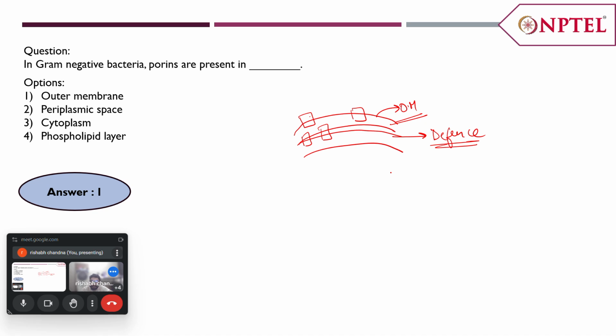Porins are basically proteins that have the shape of a pore. They form a pore-like structure inside the membrane, and they also have specificity. For example, they can allow only water molecules. The porins that allow only water molecules are called aquaporins.